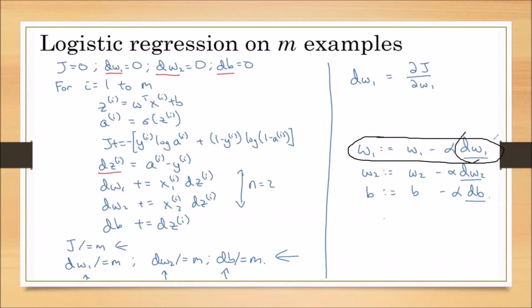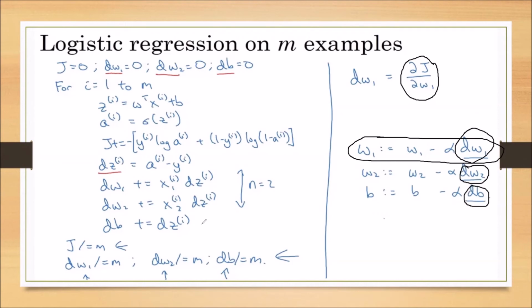What is this DW1? This is the differentiation of the cost function with respect to W1 for all training samples. Remember, we are also differentiating the cost function with respect to W2 for all training samples, and the cost function with respect to B for all training samples.